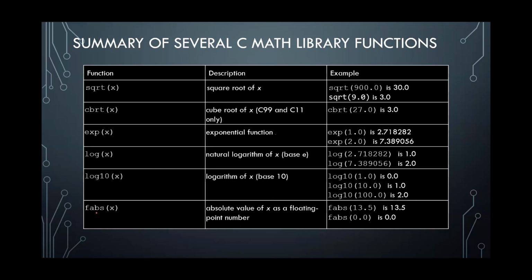The first one, we've got square root, the square root of x, cube root, CBRT for cube root. We've got exponential functions, so e to the, right? We've got a log base 10. And then we've got the absolute value down here, fabs, okay? The absolute value of a floating point, which is the f part of that. So fabs of negative 13.5 would be positive 13.5.